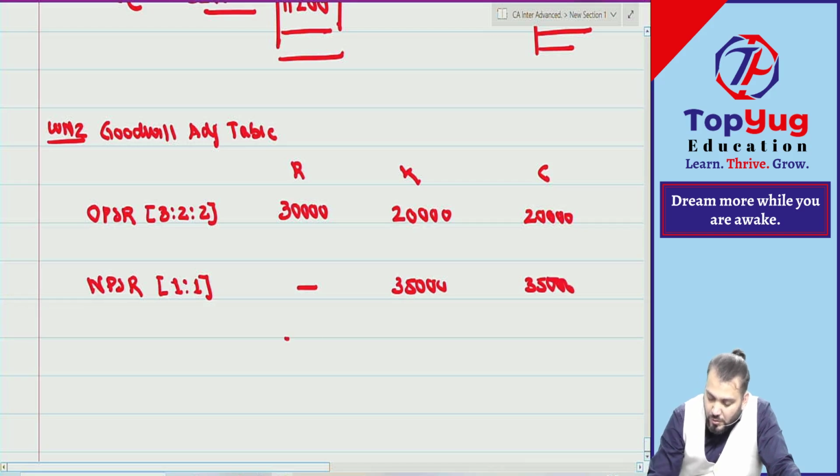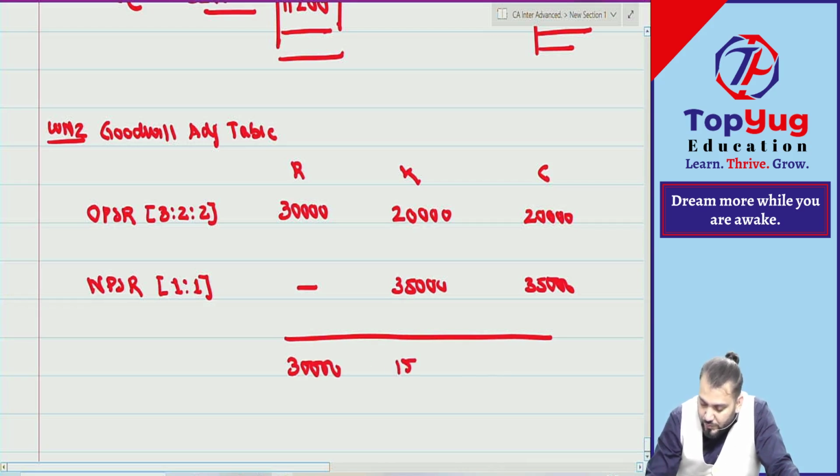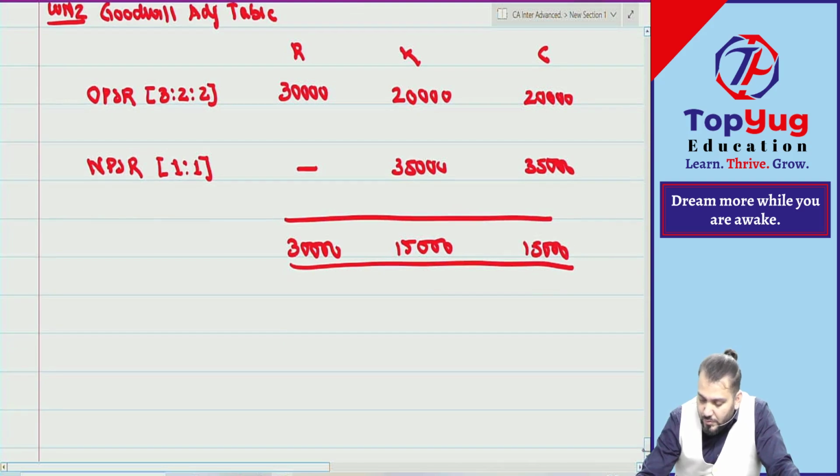35,000. But R, how much? K, how much? Plus, not minus. We'll do minus. Okay. And what? 15,000. But is R gaining or sacrificing? Gaining.